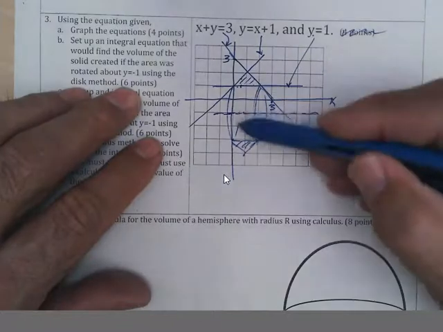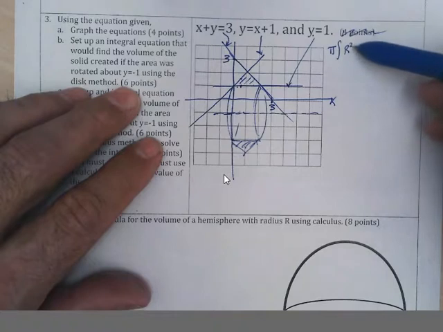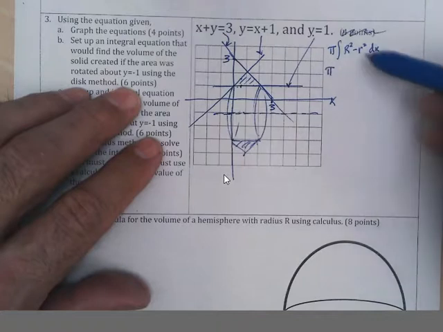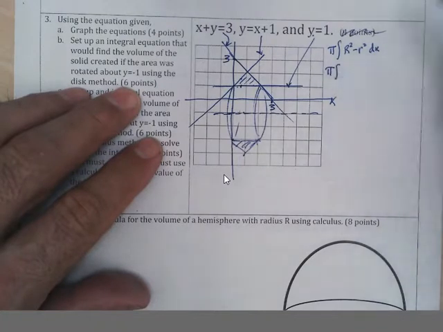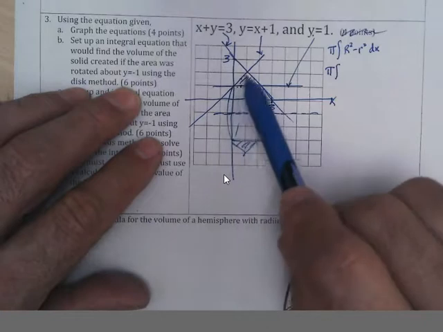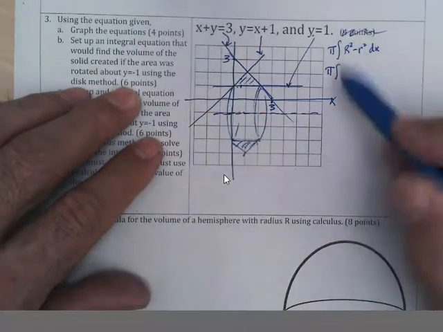And there is an inside, so the disk method is pi integral of large R squared minus small r squared. So it's going to be pi integral, and I'm going to have to do it in 2 pieces. And a slice would be a dx.